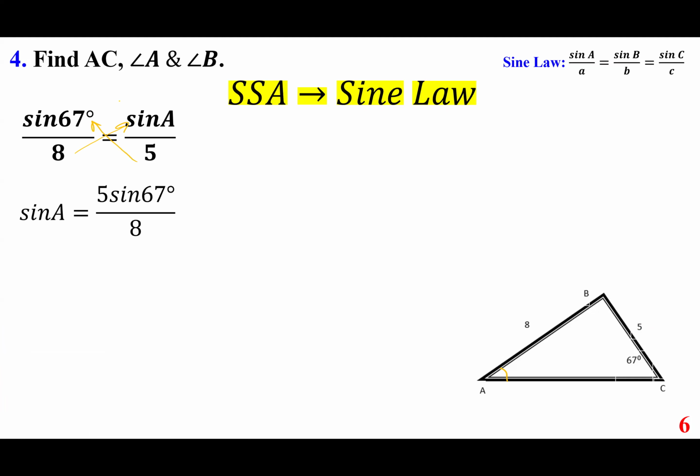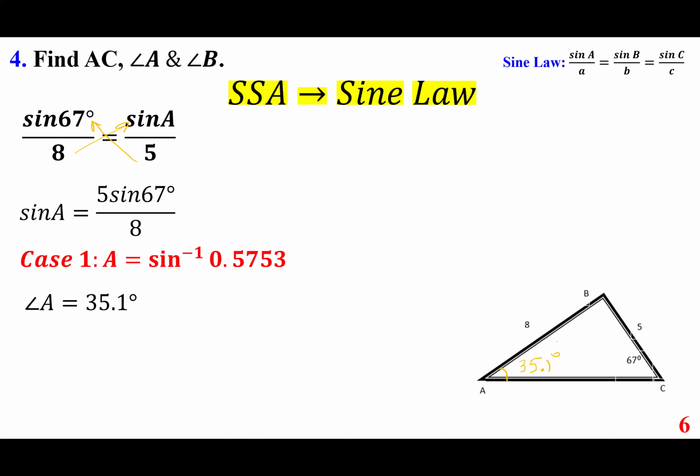And then 5 sine of 67 divided by 8 using a calculator gives us a sine inverse of this number. I'm going to call it case 1 in a moment. I'll tell you why this is the case. And we get 35.1 degrees. So we get this one to be 35.1 degrees.